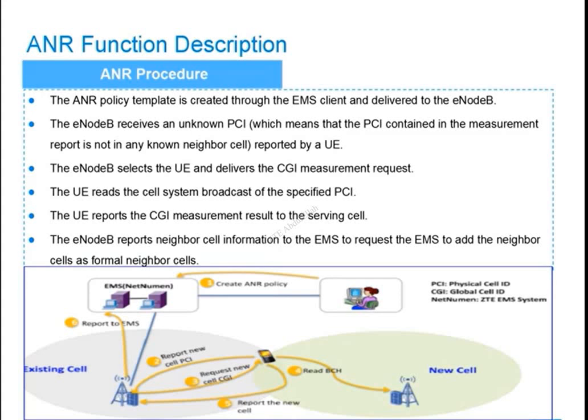In the initial procedure, when the eNodeB gets the neighbor cells and adds them to the NRT, at this point this is just a temporary neighbor cell. When it reports to the EMS, the EMS will add it to the formal neighbor cells table. So this is the ANR procedure.